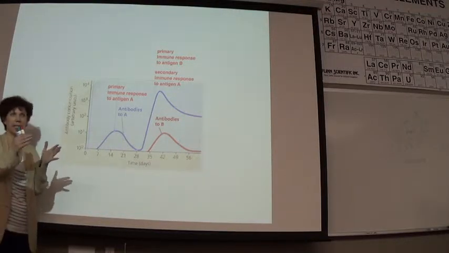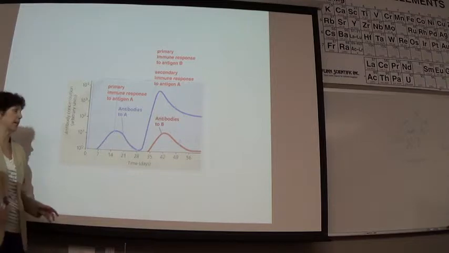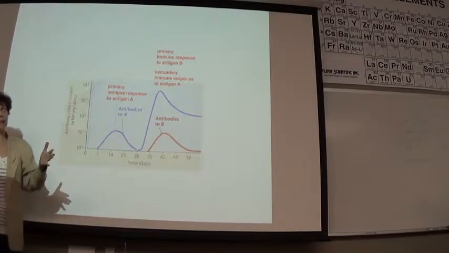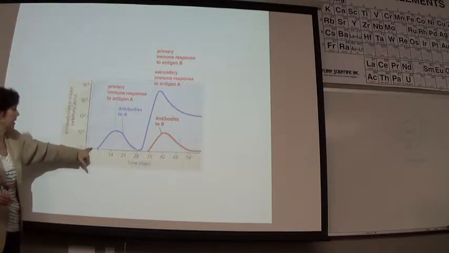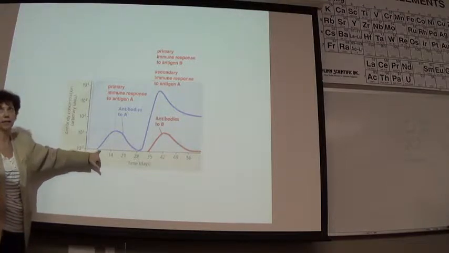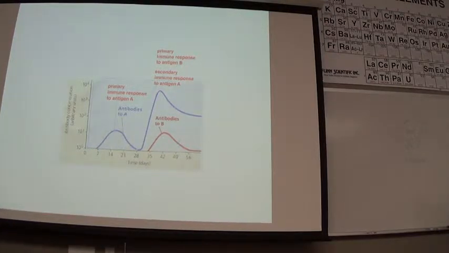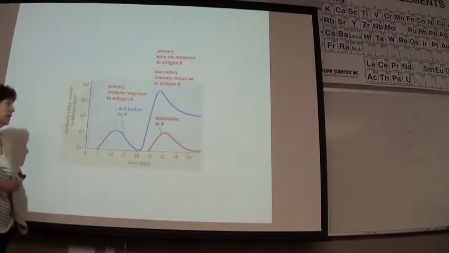Okay, so there's that early span that we can stop that process. But it still takes a while to complete it. And so it takes 7 to 10 days for the primary immune response. That means for the T helper cell and the B lymphocyte that's never been activated before to become activated against that particular antigen.